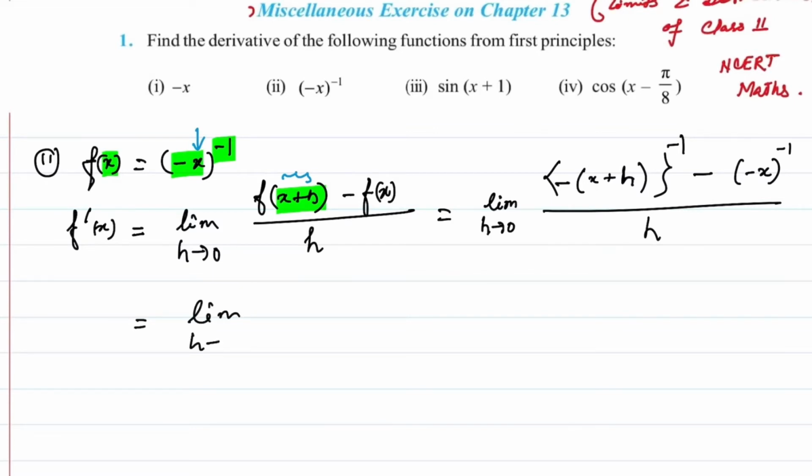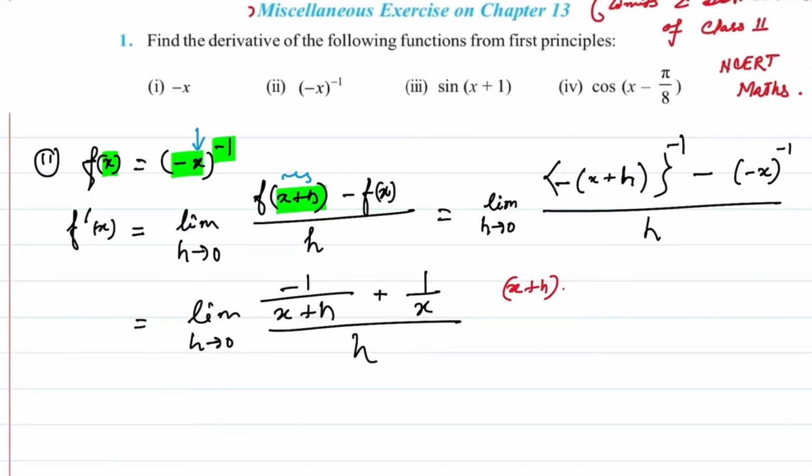Now if we simplify the numerator, we will get minus 1 by x plus h plus 1 by x, all divided by h. So let us multiply both the numerator and denominator by x plus h into x.